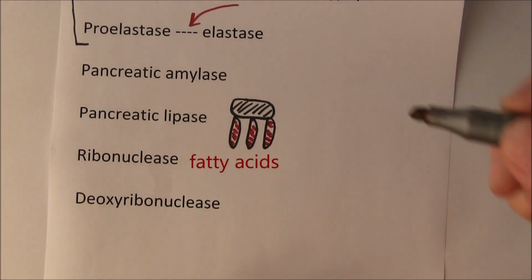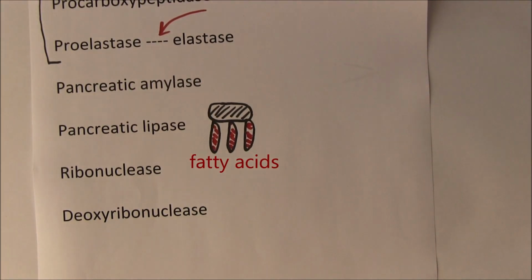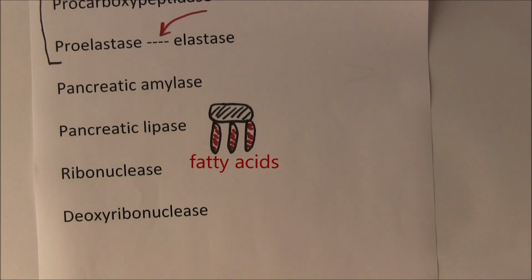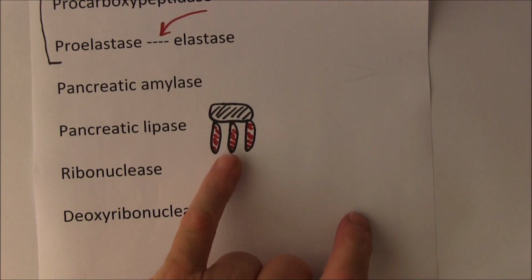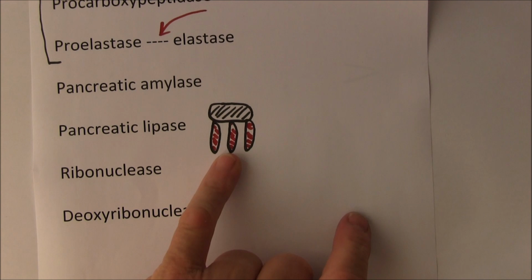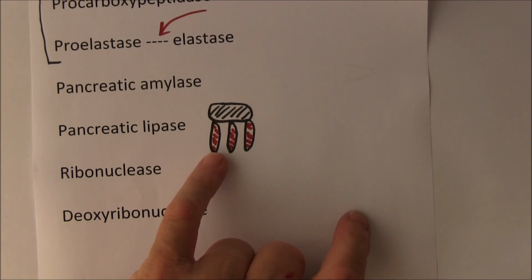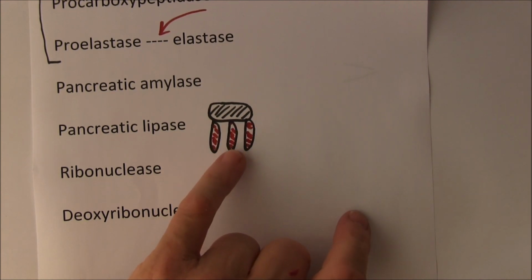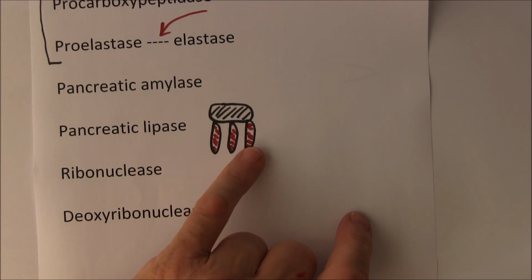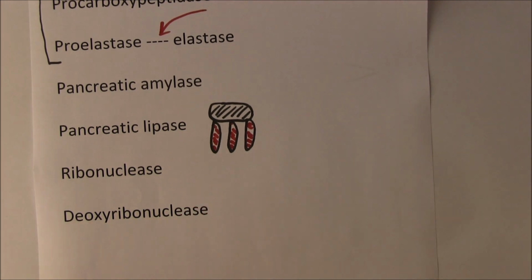So the pancreatic lipase is going to break down these triglyceride fats. It breaks them down into monoglycerides, which is a glycerol with 1 fatty acid left, and the other 2 fatty acids are going to be liberated. So we end up with monoglycerides and fatty acids, and the fatty acids can be long chain or short chain fatty acids.